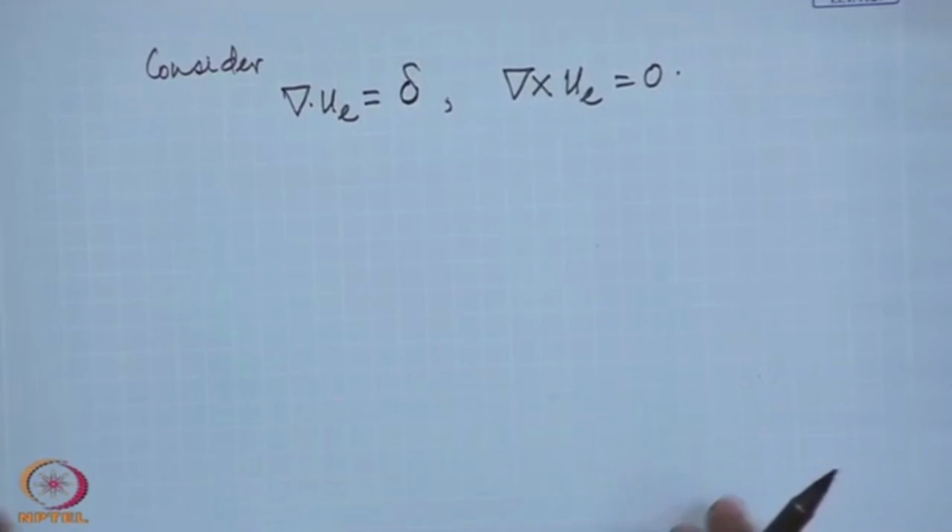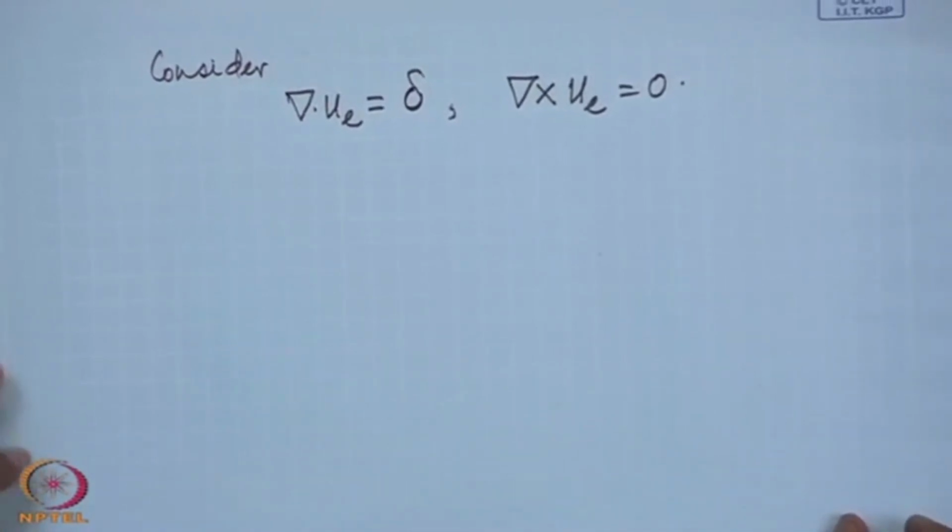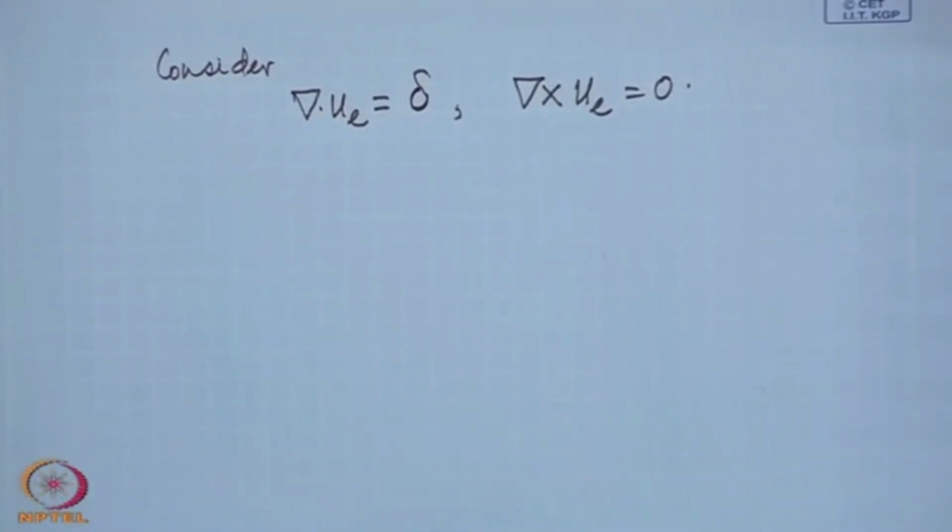Now, it is also a very simple thing in vector mechanics that any vector can be written as the sum of one gradient of a scalar plus one curl of a vector. Okay.